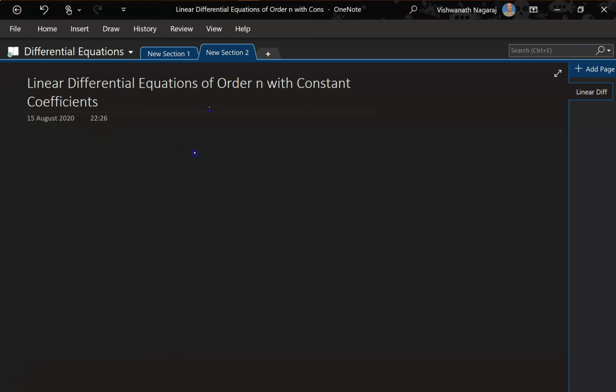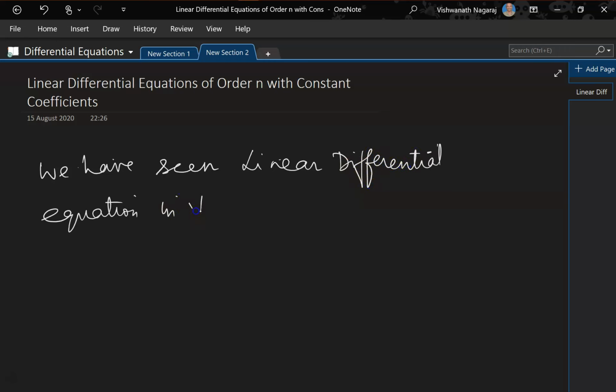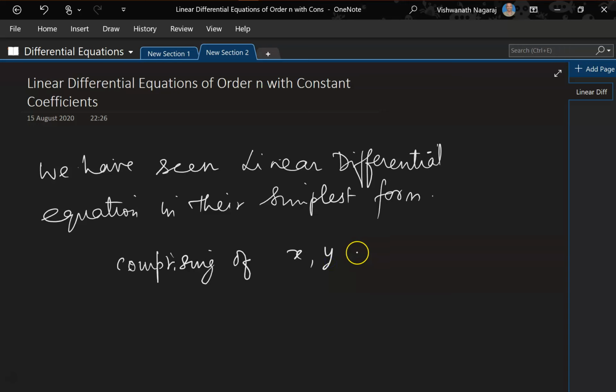Linear differential equations of order n with constant coefficients. Now we have already seen linear differential equations in their simplest form. And what was that? Comprising of x, y and dy by dx.